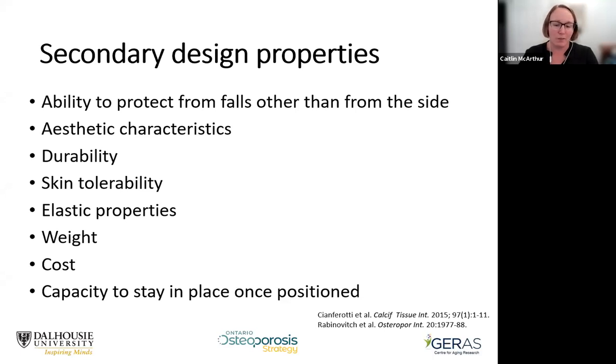In a moment, we'll talk about positioning, but aside from helping people to wear them and finding the best ones for them, making sure that they're properly placed is the next most important thing. If it's not covering the greater trochanter, it's not going to be very helpful at cushioning any sort of fall or shunting the energy away during a fall. So it definitely needs to stay in place once it's positioned.